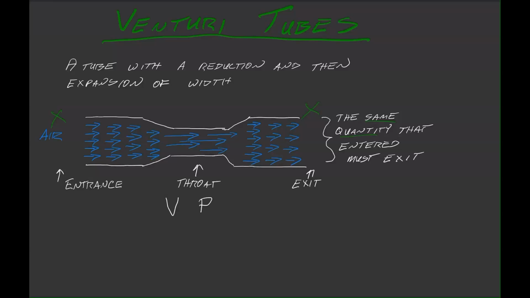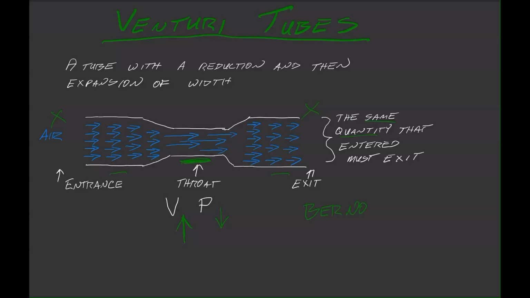So I've got a certain amount of air here, and then the same amount here, and the same amount here. This is called the throat of the Venturi, and in order for this to be the same amount of air here, the velocity has to increase. And if the velocity increases, the pressure decreases. This is based on something called Bernoulli's principle.